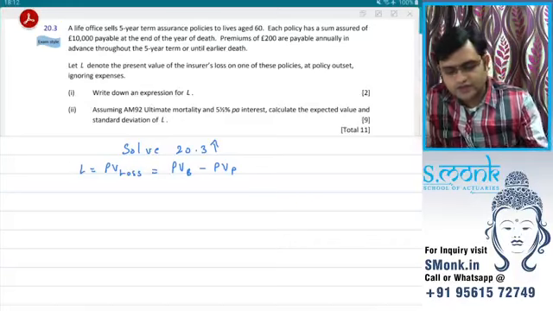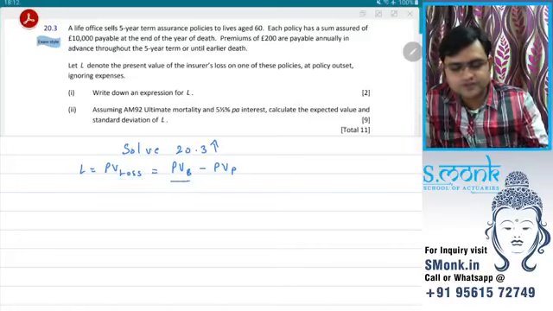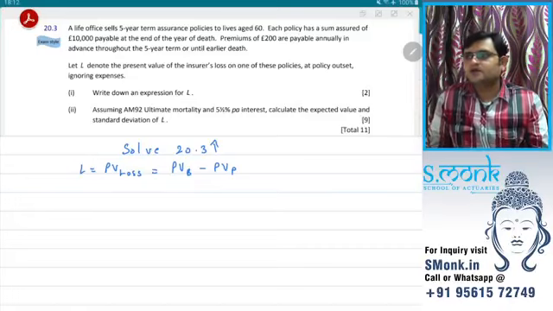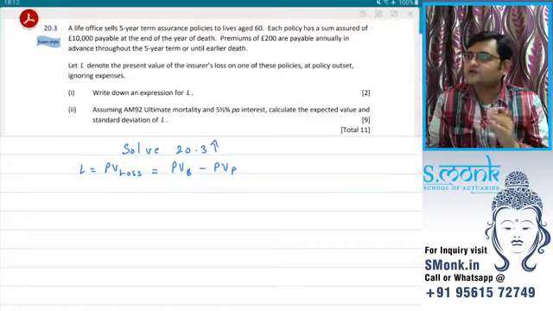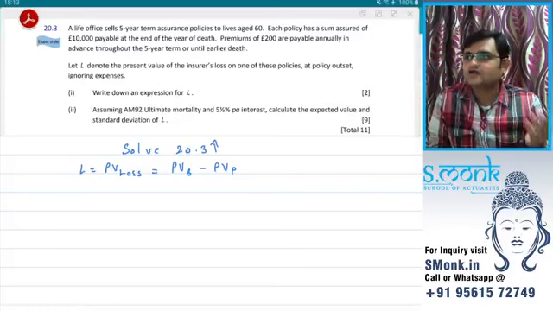So L is the present value of loss, that is the present value of benefit minus the present value of premium. Because we are talking about a term assurance policy, there will be different values if a person dies within 5 years, or dies after 5 years.